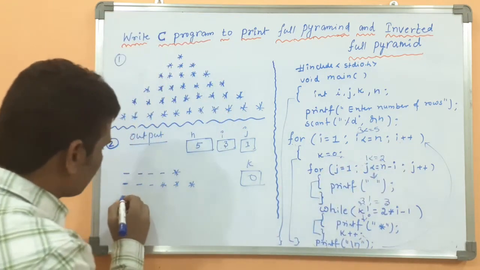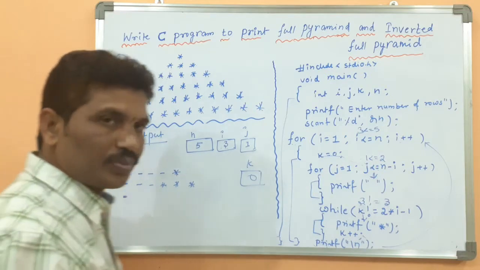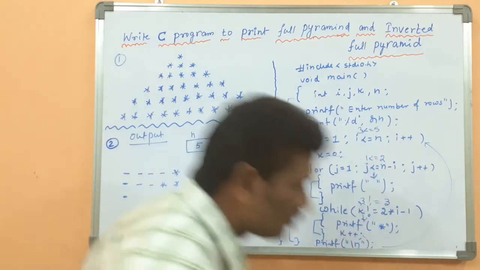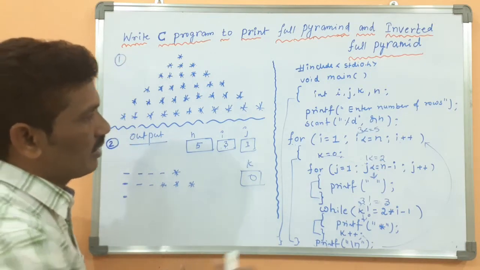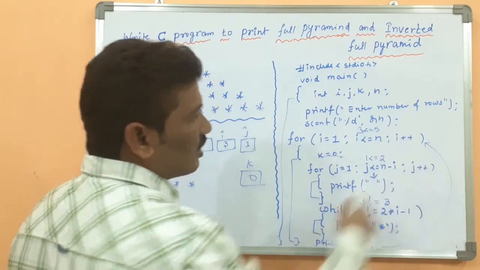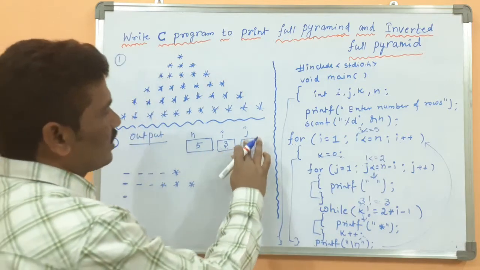Then another space should be printed over here. Then after that the j value is incremented by 1. After executing the statement, again the control comes to here.